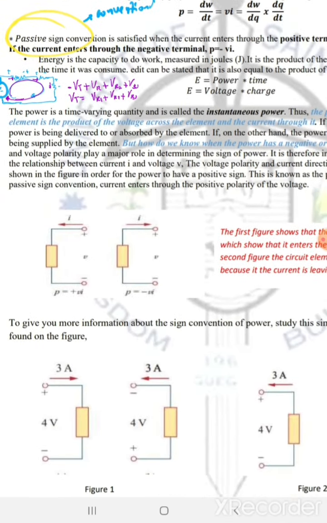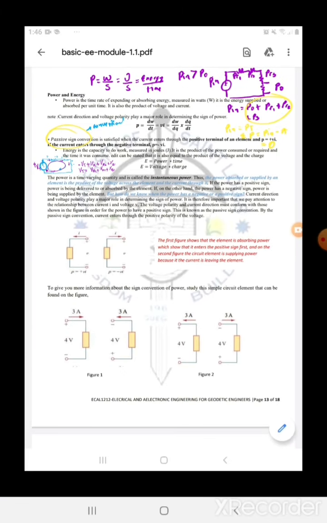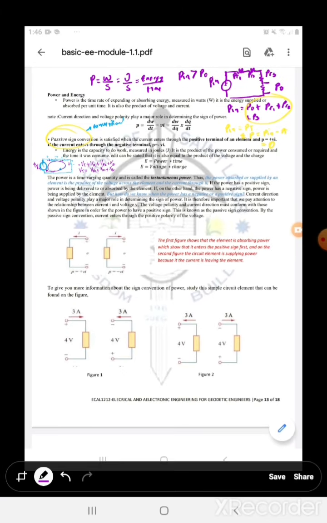Next is that the power is a time quantity and it's called instantaneous power. The power absorbed or supplied by an element is the product of the voltage across the element and the current through it. So we have two scenarios.